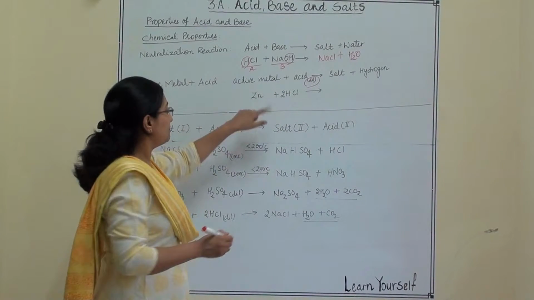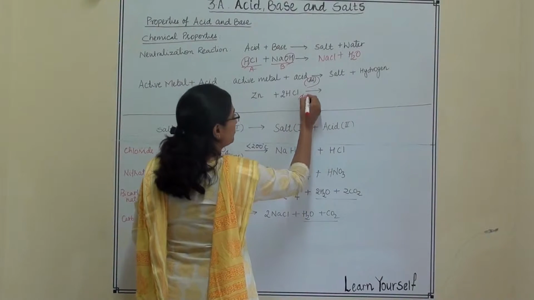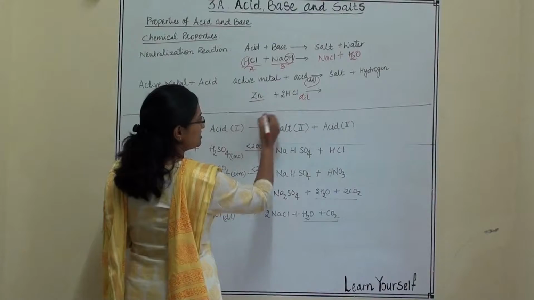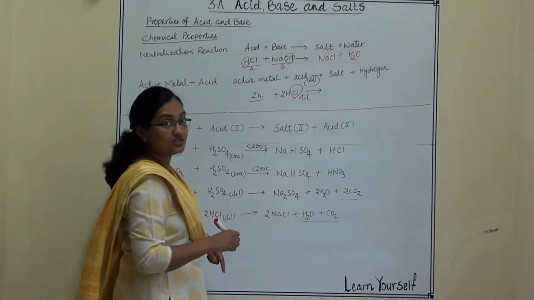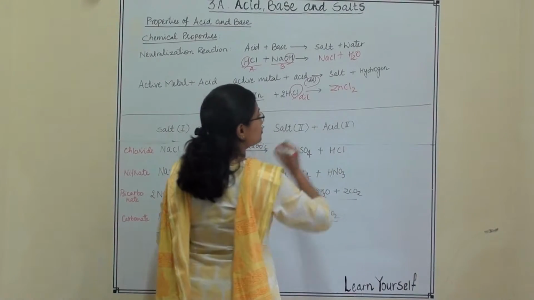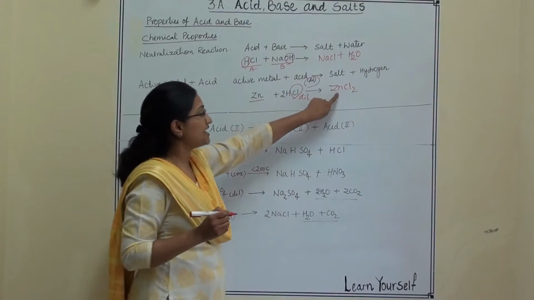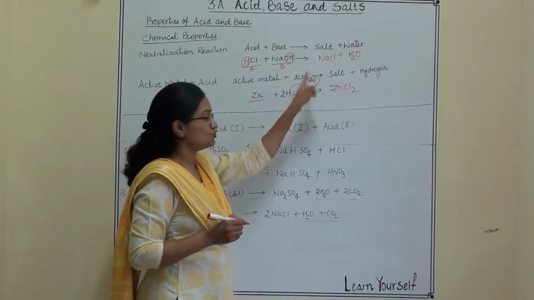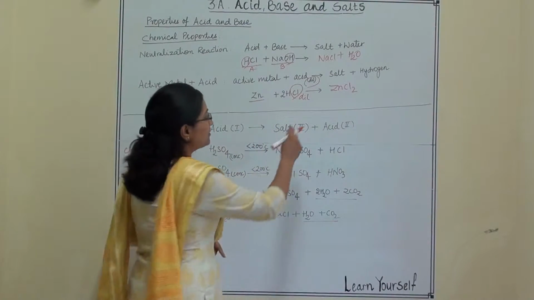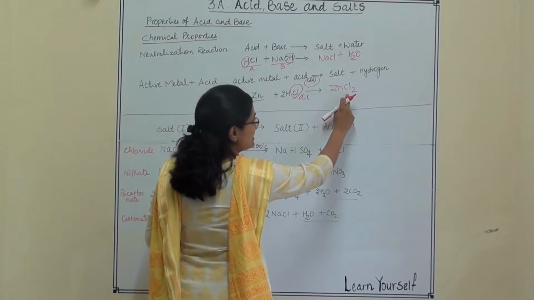So zinc plus dilute hydrochloric acid will give us... again, zinc is a positive radical and will react with Cl. So ZnCl2, because zinc's combining capacity is +2. So they will interchange the combining capacity by the crisscross method. So here it will be ZnCl2.